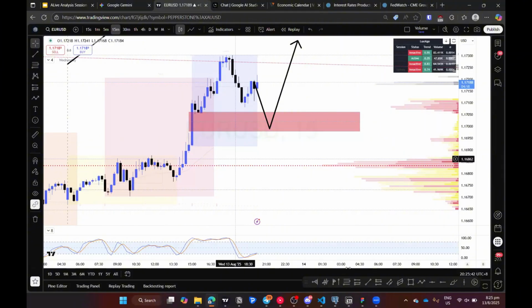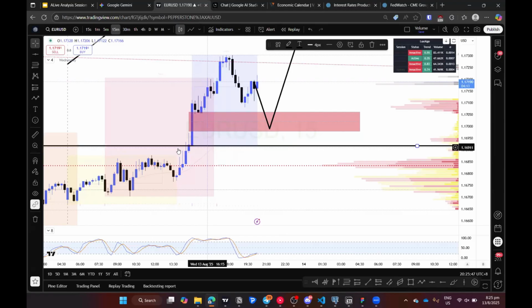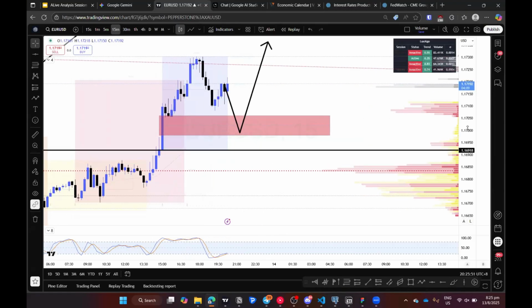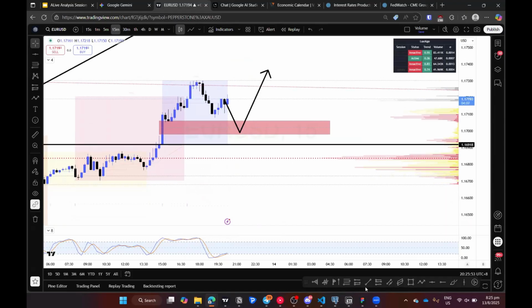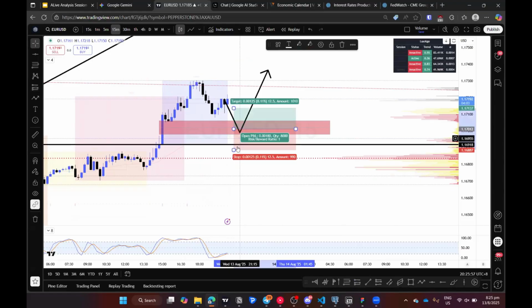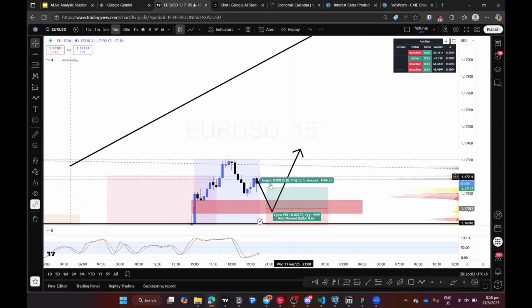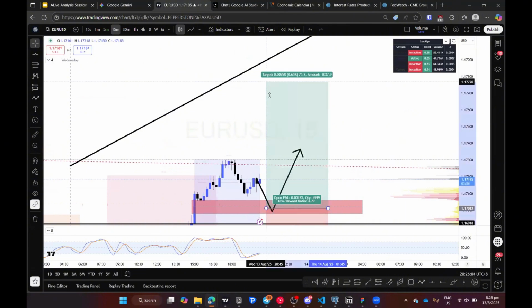So we can basically look at this level here as a hard low, so you do not need to be too afraid. There's a lot of buyers coming in. So basically we're just plotting 1:3 from there.